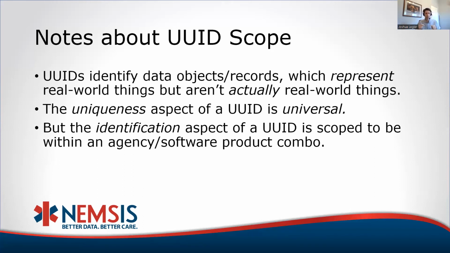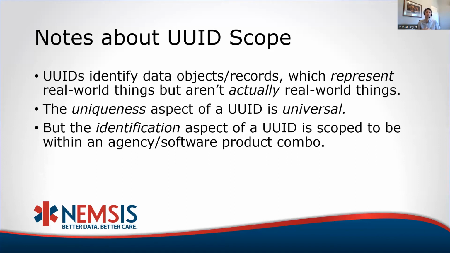There will never be another record in NEMSIS or anywhere else in the world that has that particular value for its UUID. However, in the NEMSIS 3.5 standard, we have scoped the identification aspect of a UUID to be within an agency using a particular software product, the agency software product combo.